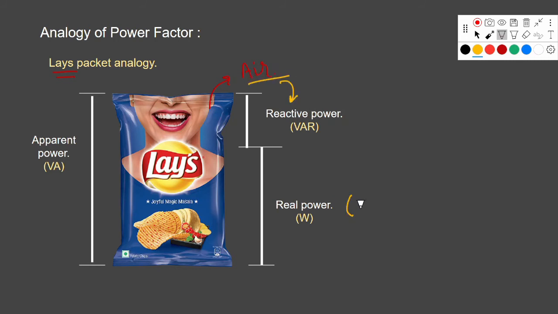And the chips relate to the real power. We consume chips, that can be related as consuming real power. And we pay for the entire packet, that is the apparent power. I think it is very much clear from this analogy that we actually consume real power.